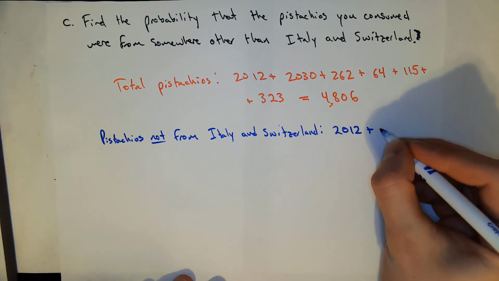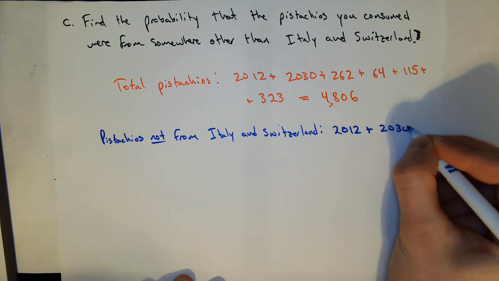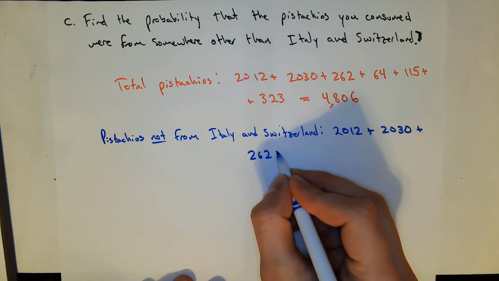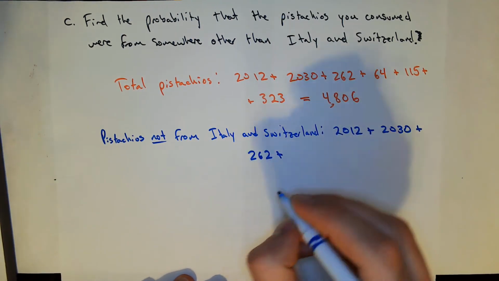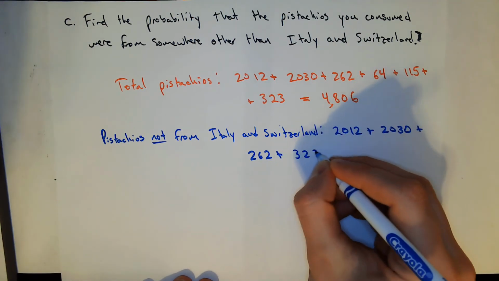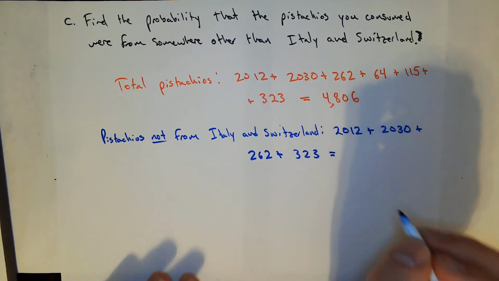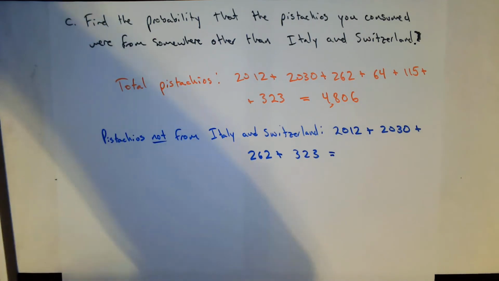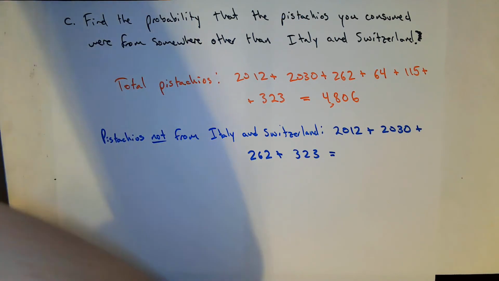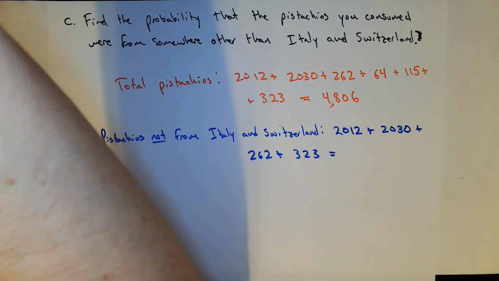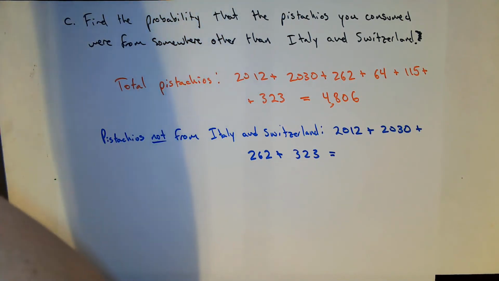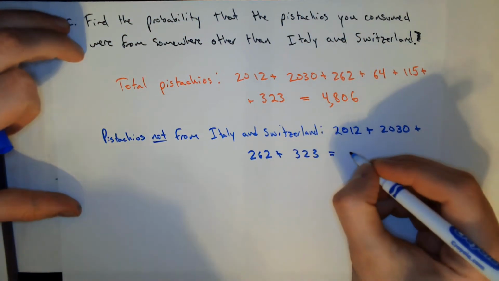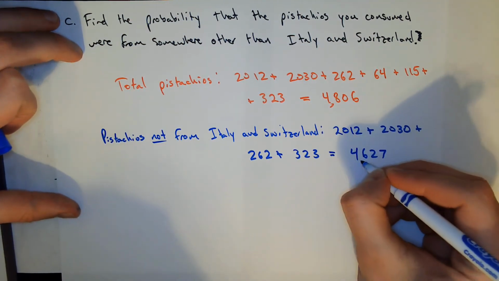So from Iran, then Turkey, then Hong Kong, which is 262, then skipping Switzerland, skipping Italy, and then the 323 for other countries. Let's see, I'll just do that real quick. 2012 plus 2030 plus 262 plus 323. And I'm getting 4,627.